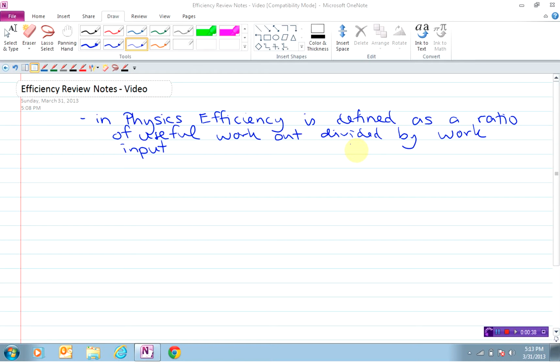Okay, so as an equation, we can write it this way. Efficiency is equal to work out divided by work in, which is also equal to energy out divided by energy in.